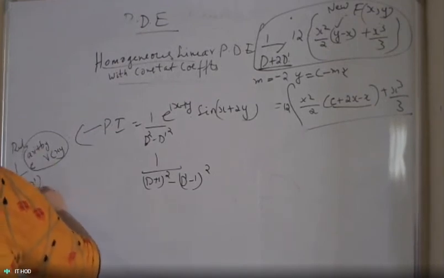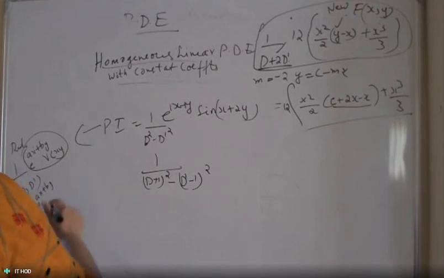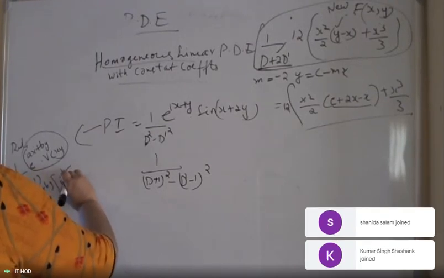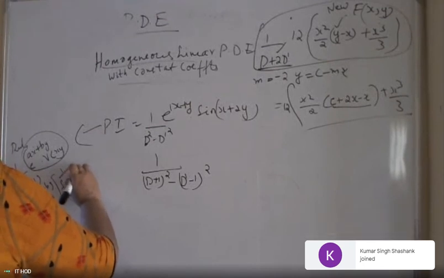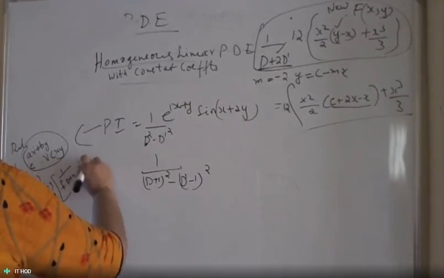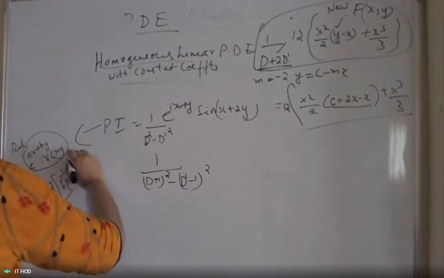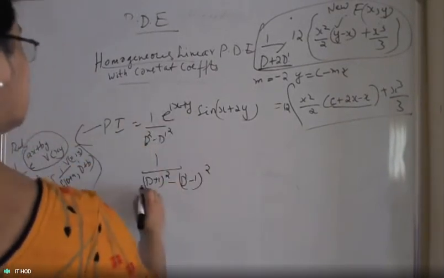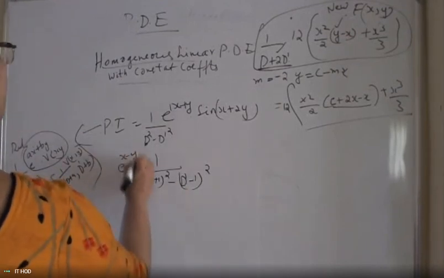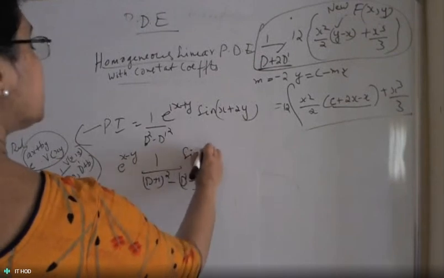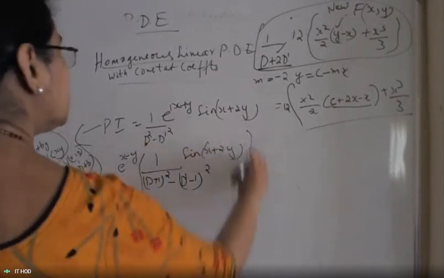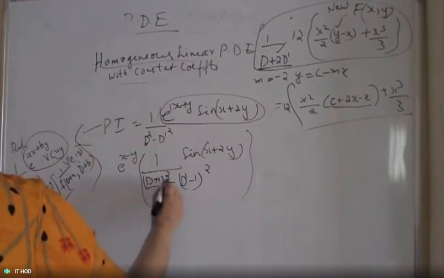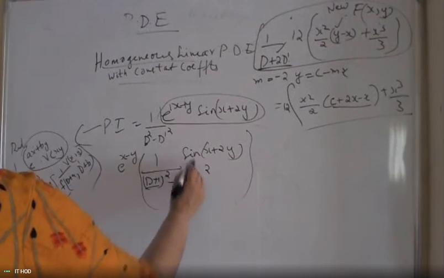We can take e raised to ax plus by outside and keep it aside, and then 1 by f of D plus a, D dash plus b into V of x, y. So take the exponential part apart and change D and D dash like this, and then you are concentrating only on sin x plus 2y.